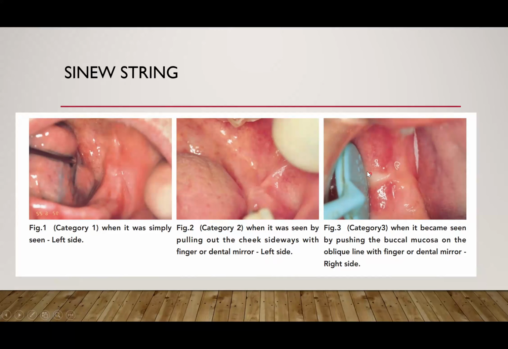This is also noted when we use the mouth mirror to retract the buccal mucosa or the tongue region. You will see a small white patchy string that becomes elevated once it is under tension. Once we stop touching it, it goes back to its normal position.